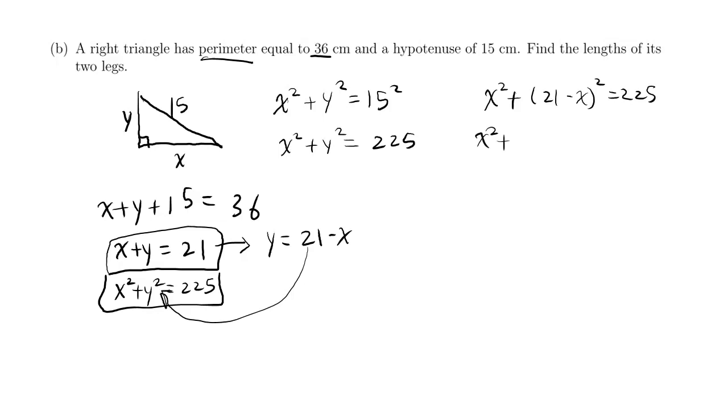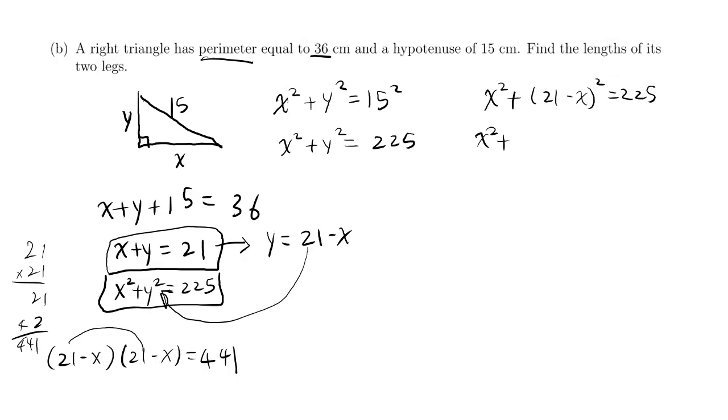Then x squared plus, if you FOIL this out, 21 minus x times 21 minus x. 21 times 21 is 441.